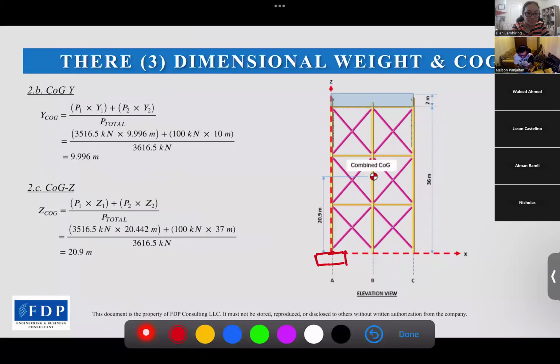And before we get to here, we need to know what is the tilting area or tilting line.